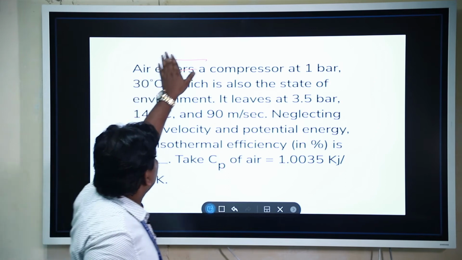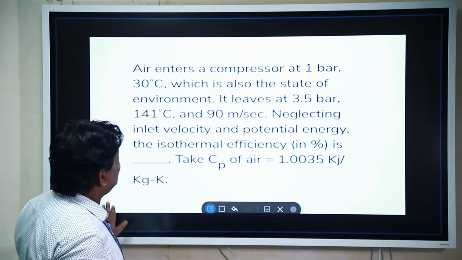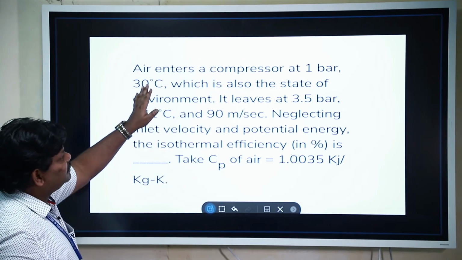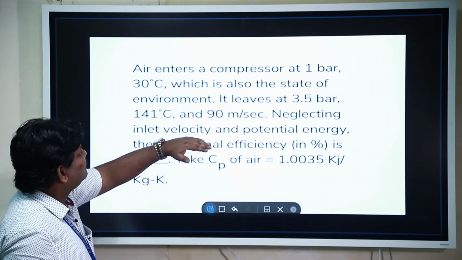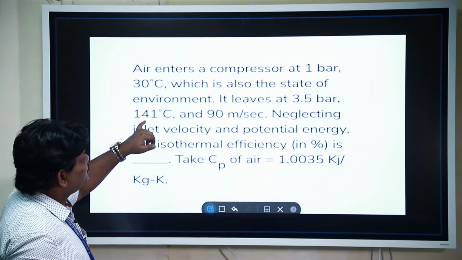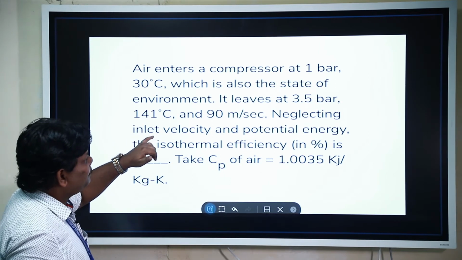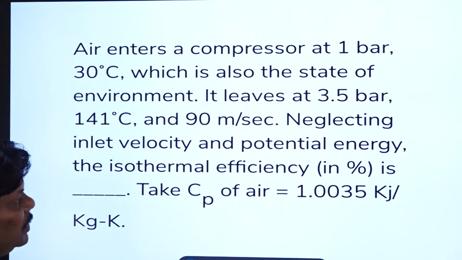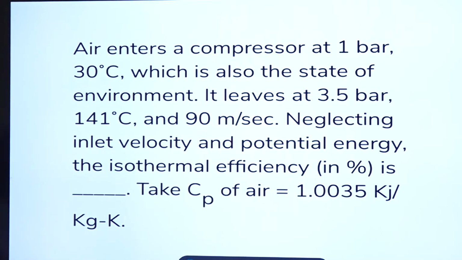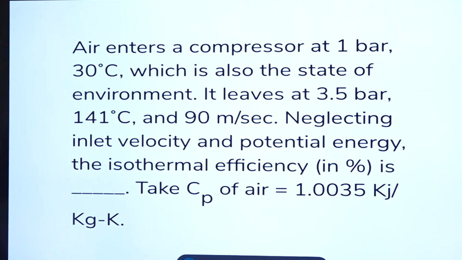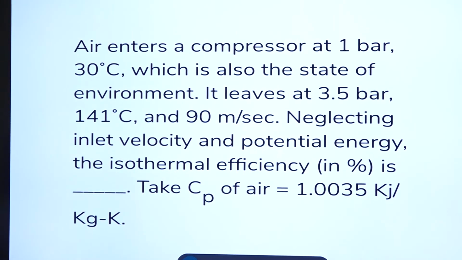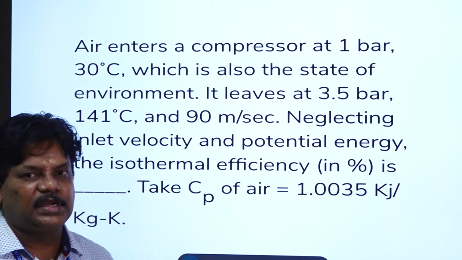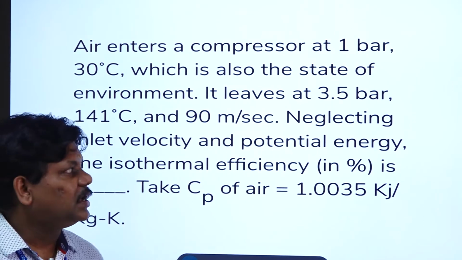The next one: air enters the compressor at 1 bar, P1 is given, T1 is given, which is also the state of the environment. It leaves at 3.5 bar, and P2 and T2 are given, and the velocity is given to you. For compressors, when the velocity comes, the steady flow energy equation has to be considered.